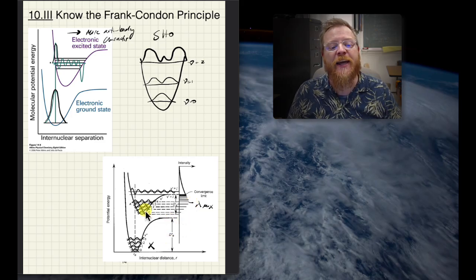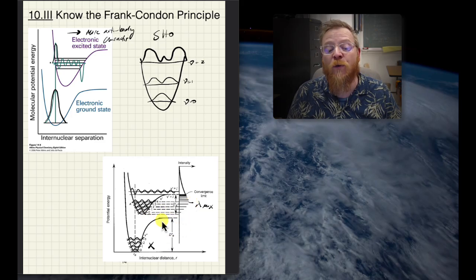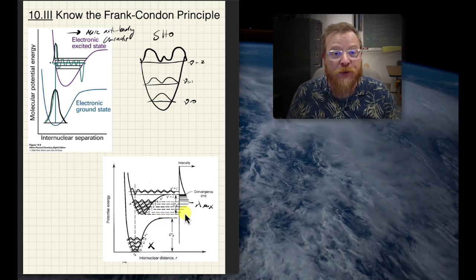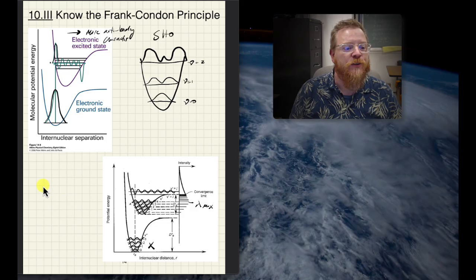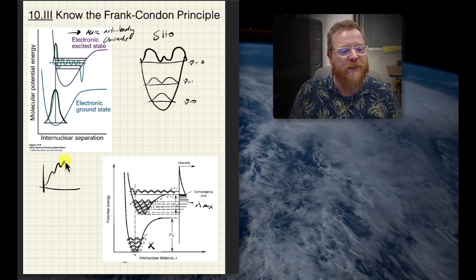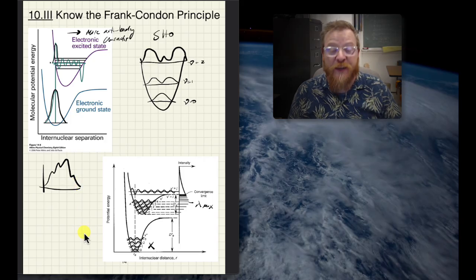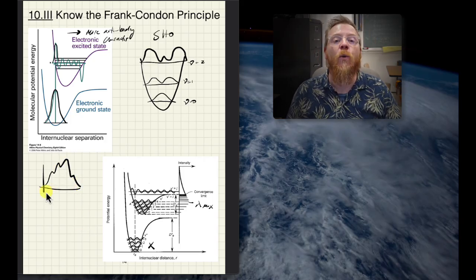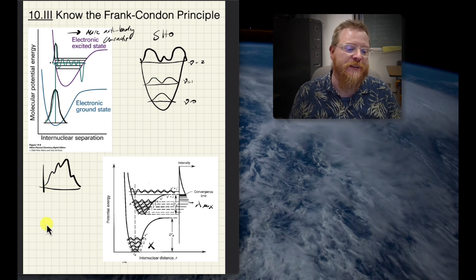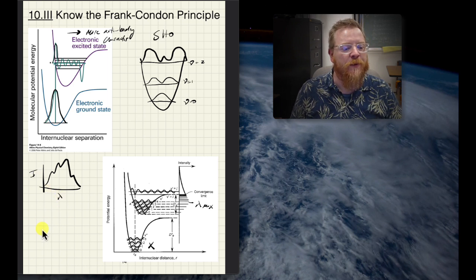And additionally, if we have very well-resolved vibrational features, we will see those in the UV-Vis spectrum. So typically, if we see a UV-Vis spectrum that has all of these interesting looking features, those are the vibrational states within the excited electronic state. And so that's intensity versus wavelength.